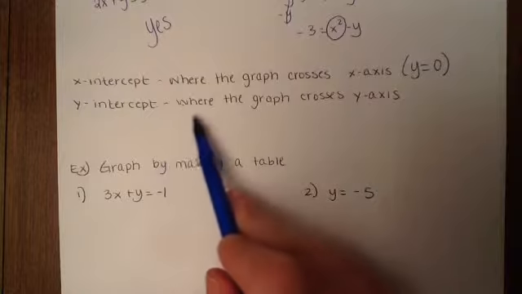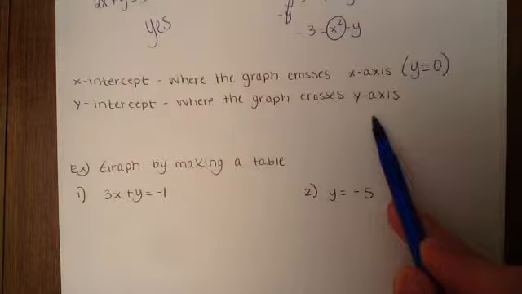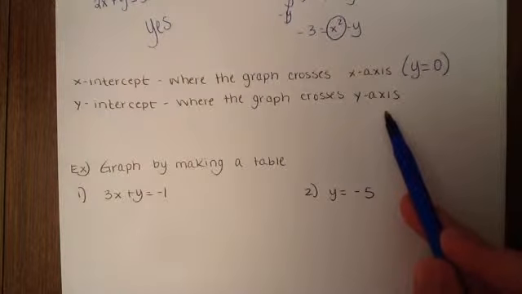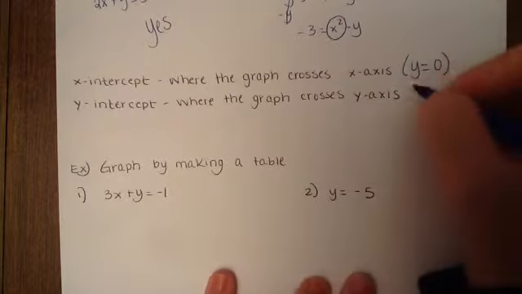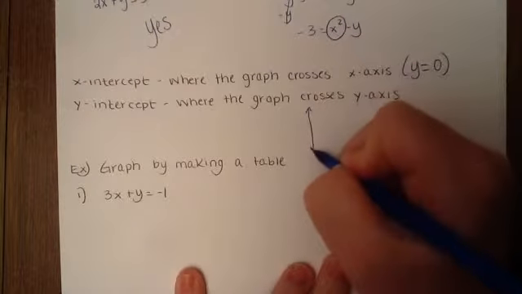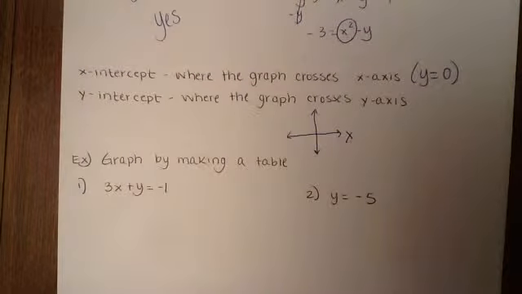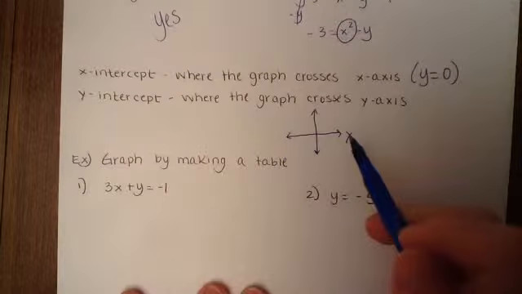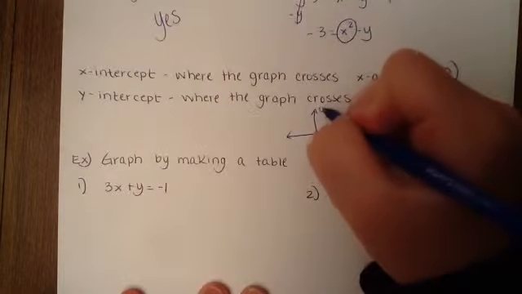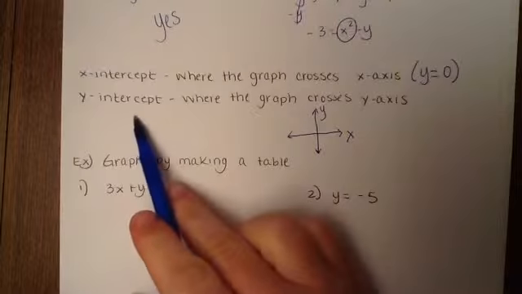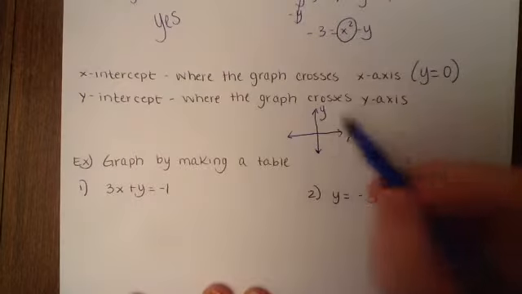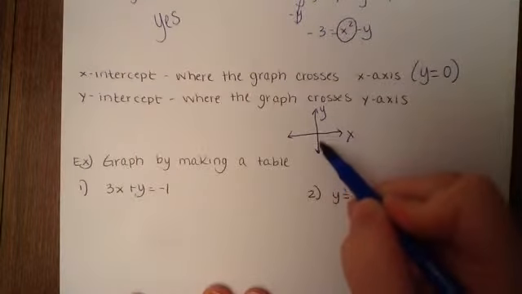The y-intercept is where the graph crosses the y-axis. And if you need to remember which one is which, the side-to-side one is x, the up and down one is y. So the y-intercept is where the graph crosses the y-axis.